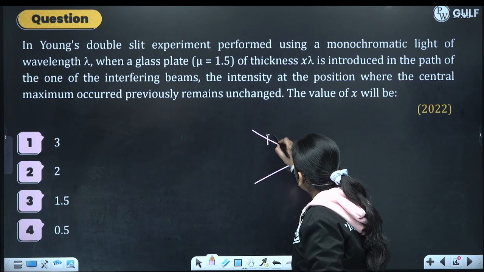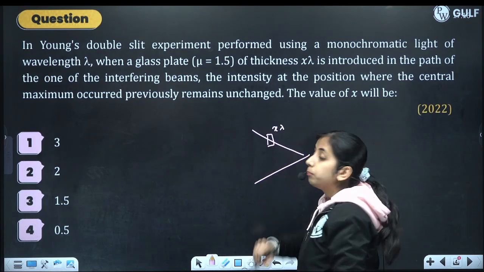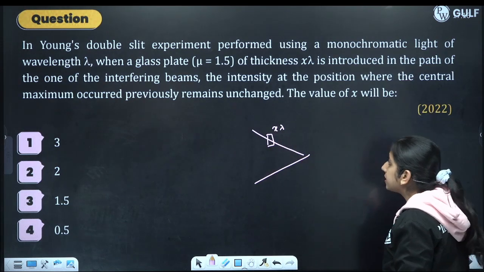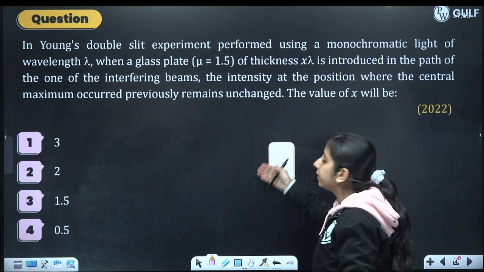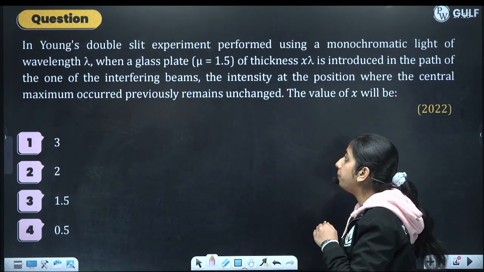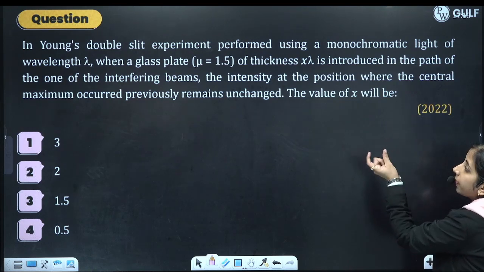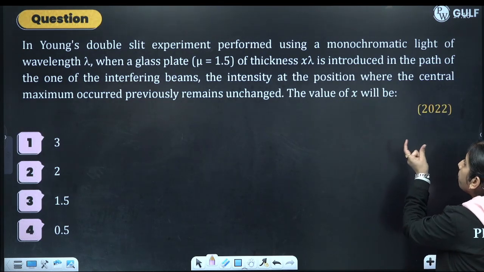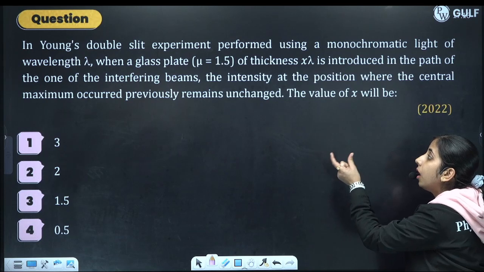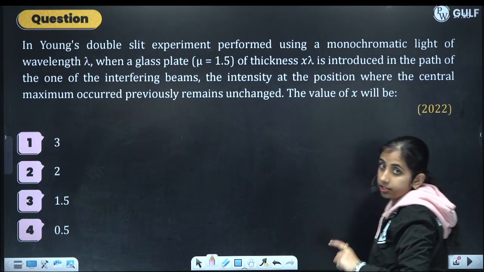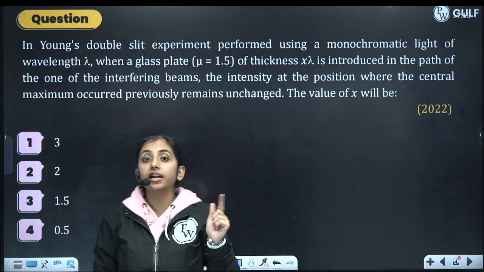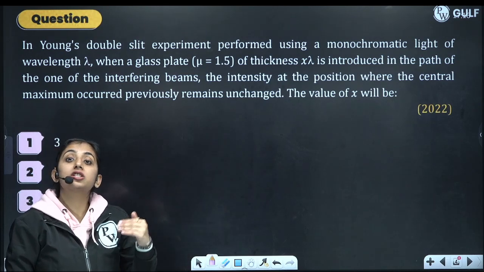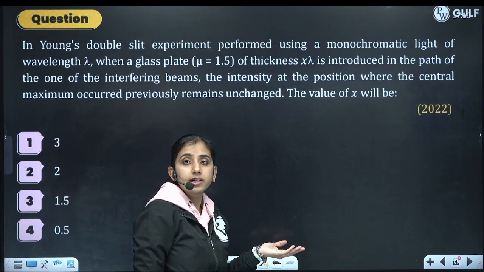In one of the sources we have a glass plate of thickness x lambda. So we know that there is a shift in the entire pattern. What are they saying? The intensity at the position where central maxima occurred previously remains unchanged, okay. The intensity where central maxima occurred, it means there must be a maxima present instead of the central maxima.